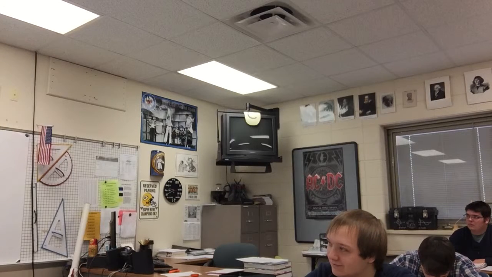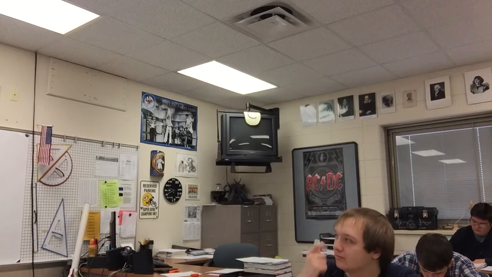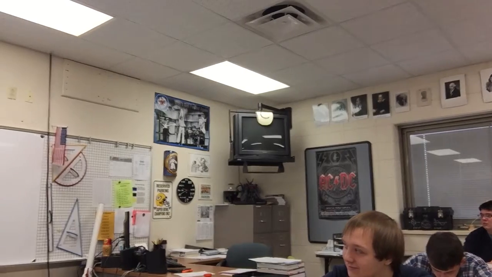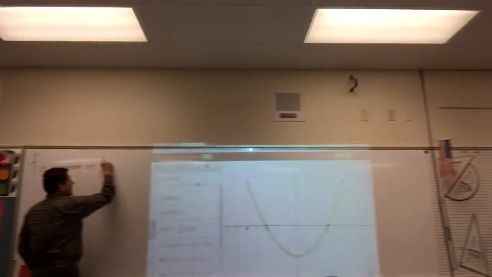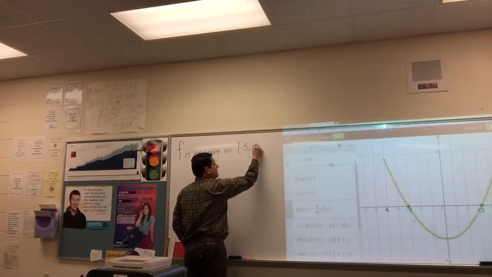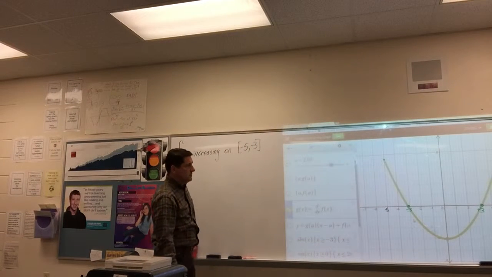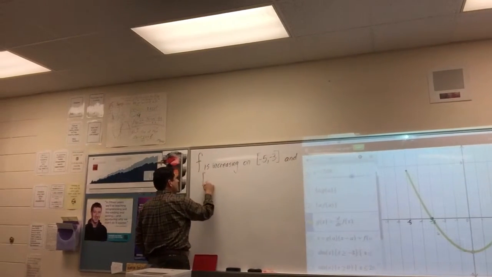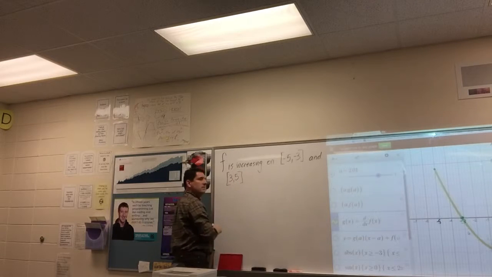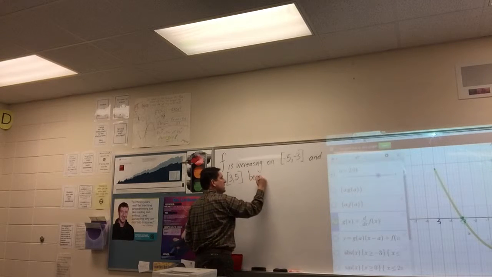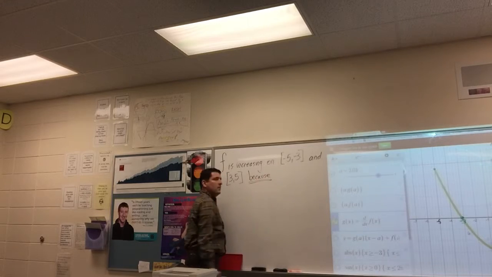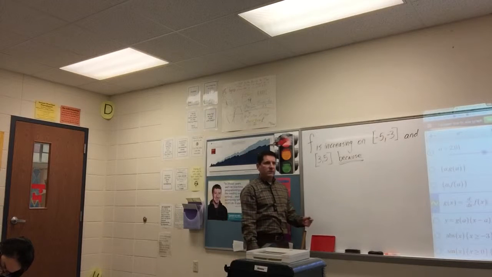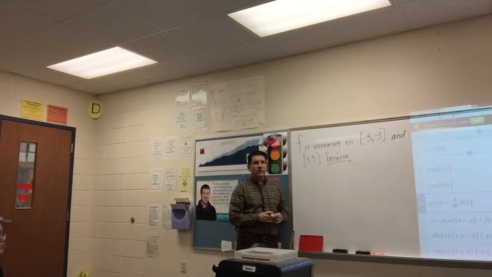F, the function, is increasing on the intervals from -5 to -3 and 3 to 5, because on the AP test, if you forget the reason, the justification, you don't get the point.